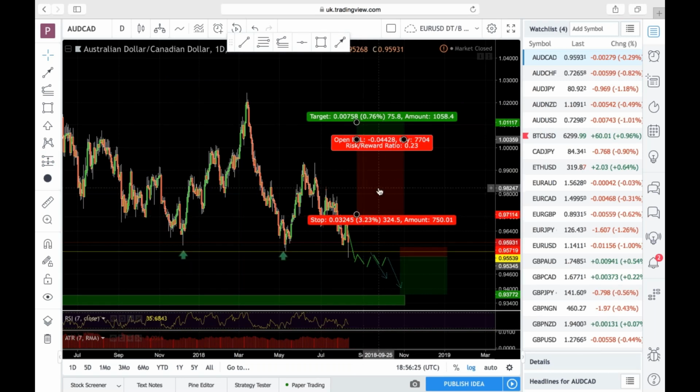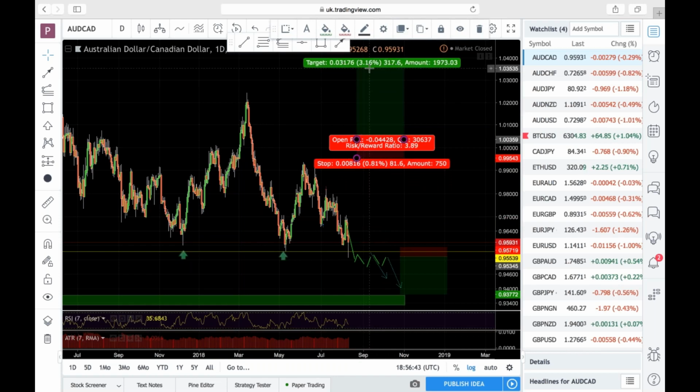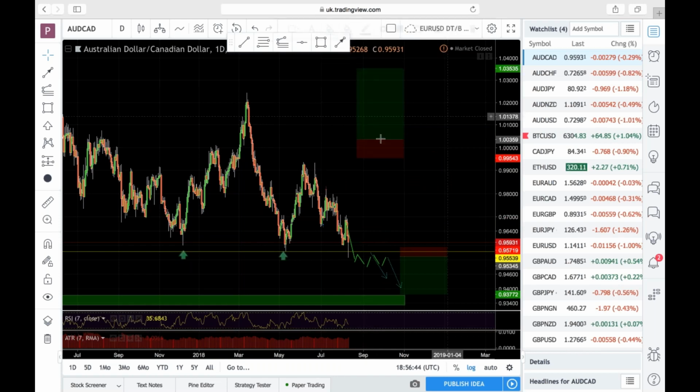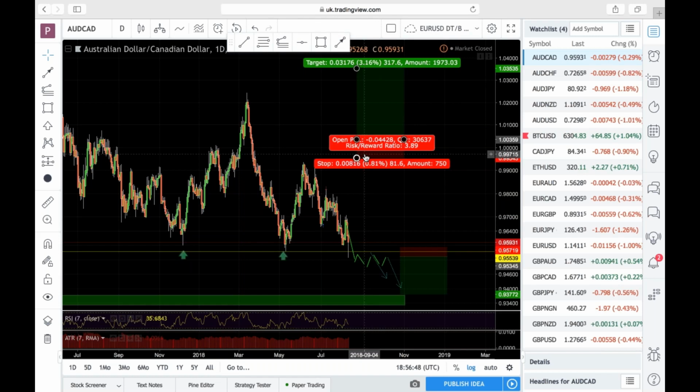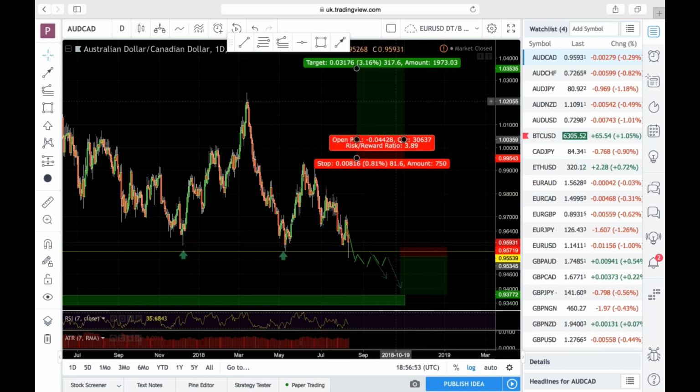That means if you took a loss on this one trade, you need 5 more trades just to break even. That's ridiculous. Whereas if you reversed it and you took 1 loss, all you need is 1 win and you will still be in profit.